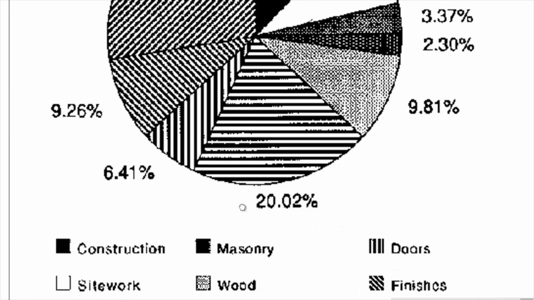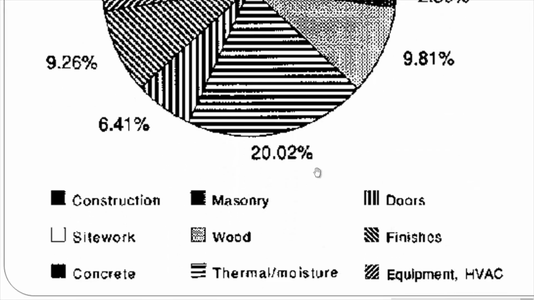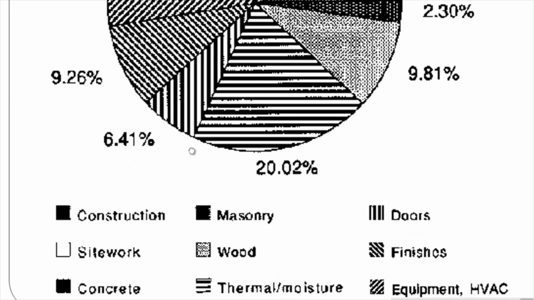Finishes are represented here. The finishes are categorized at a higher value of 27.27%, and equipment HVAC also to a higher extent.